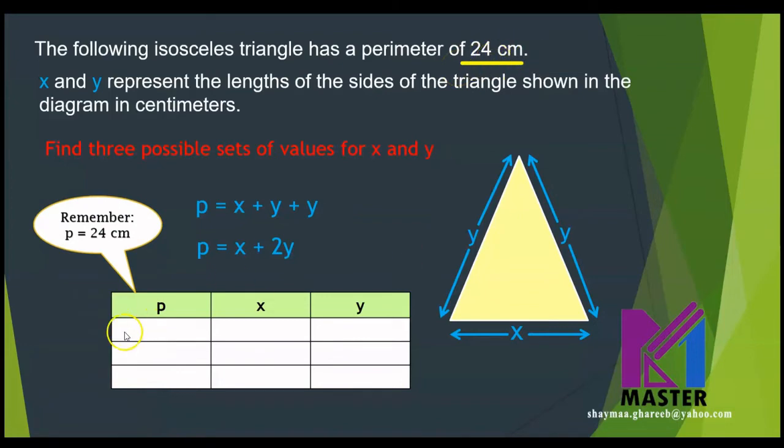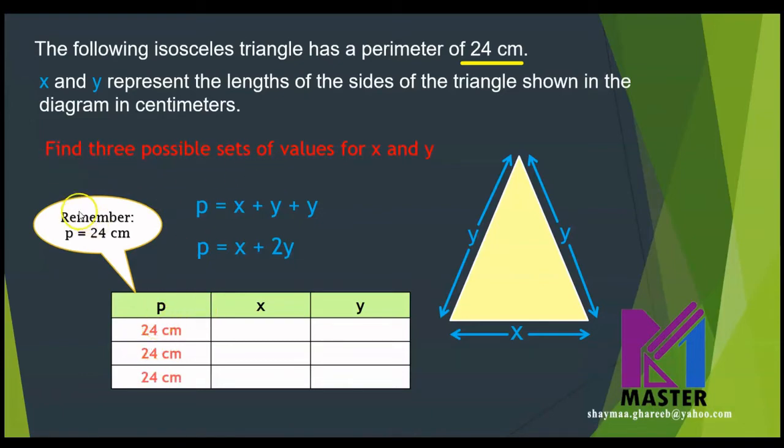24 centimeters. I made this table to make my answer more clear and easy. I put P for the perimeter, X and Y for the sides. So remember that the perimeter is 24 centimeters. Then all the perimeters I'm going to use, said, find 3 possible sets.